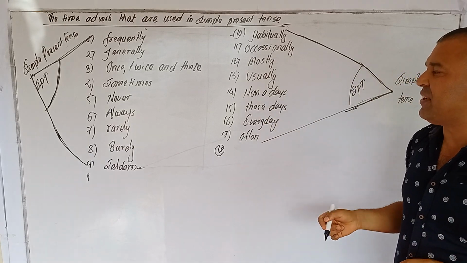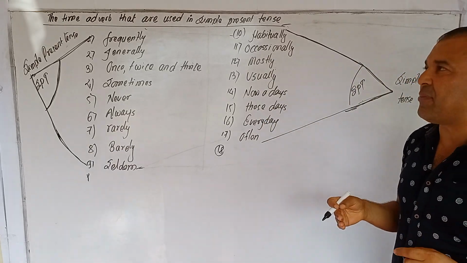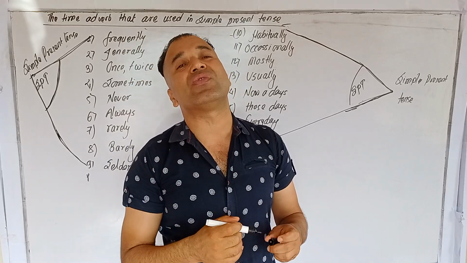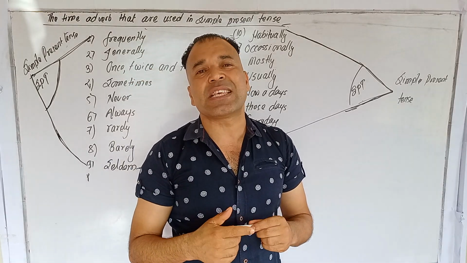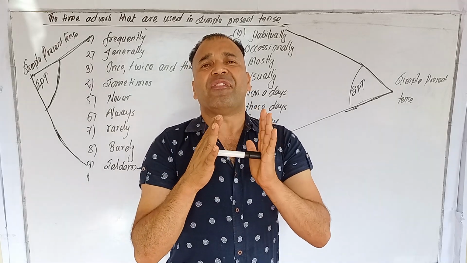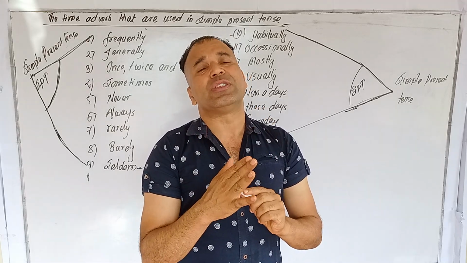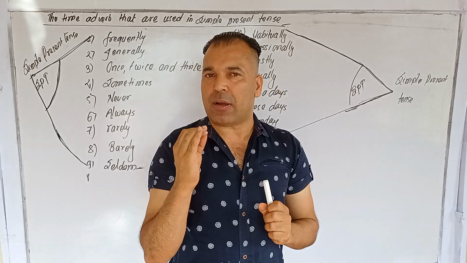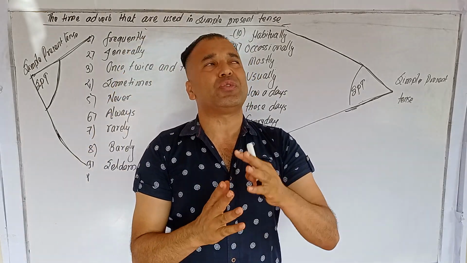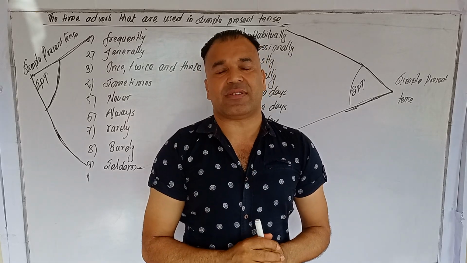Nowadays, these days, every day and often, these are the time adverbs you generally use in simple present tense. If you find this type of time adverb, you have to divert your mind to the simple present tense.